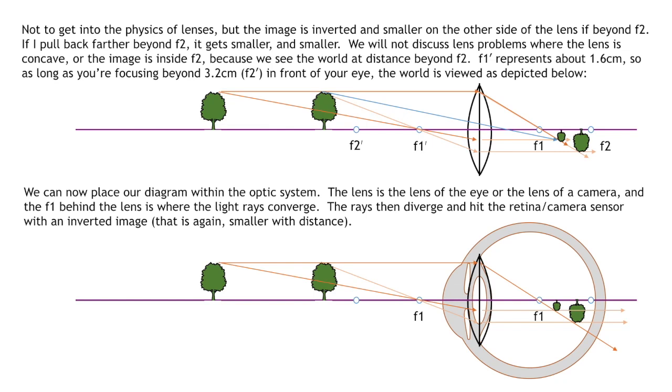This blue line here just represents a central ray, essentially split between the two, and it is the ray that is neither diverged nor converged along the lens system. But as you can see, with further distance, you can conceptualize how this blue ray would get closer and closer to this ray going through f1 prime.